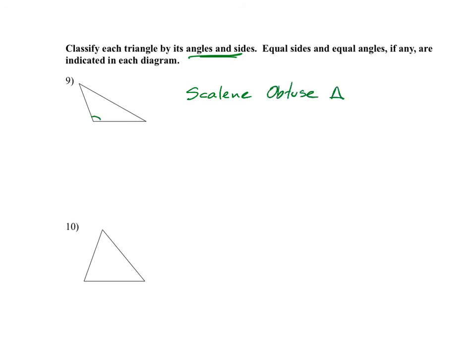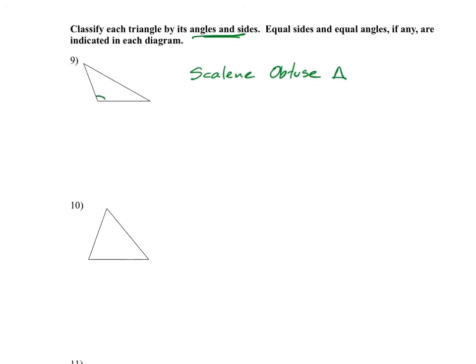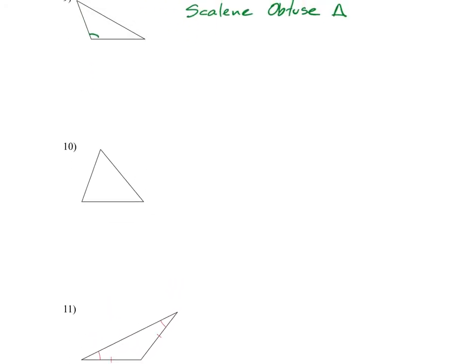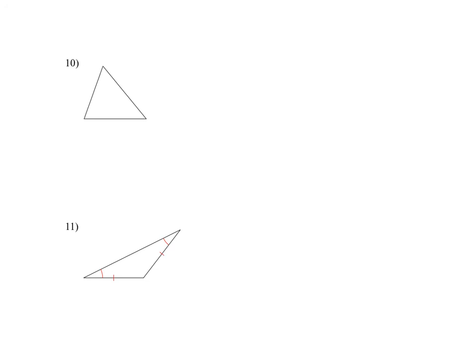Because that angle looks like it's bigger than a right angle. On number 10, all my angles seem like they are less than 90 degrees. So this is an acute, let's say scalene, acute triangle.